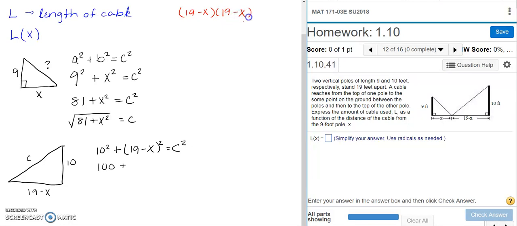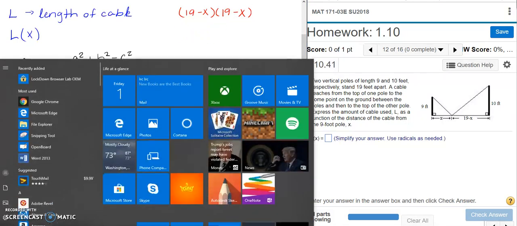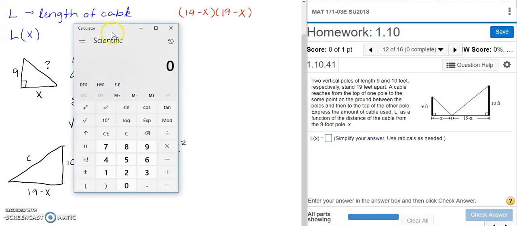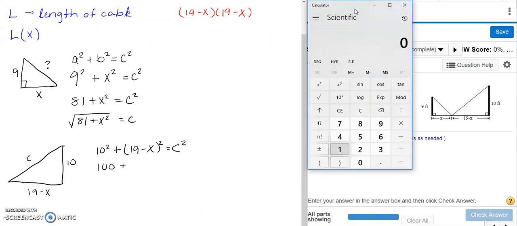You can't just square both pieces. That will be incorrect. Okay. So 19 squared is 361. That's from the first pieces. Minus 19x minus 19x plus x squared.